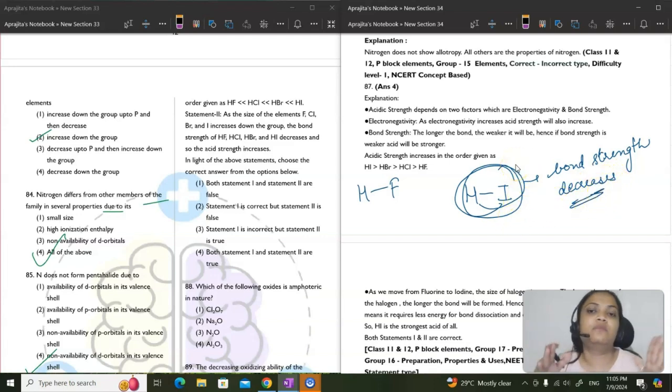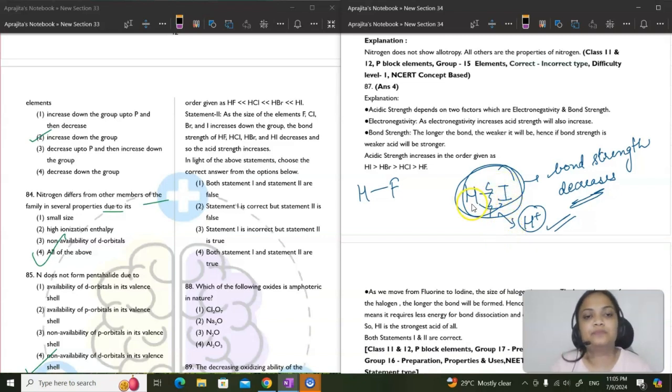Means longer the bond, weaker it would be, means less energy would be required to break that bond. Okay, and if we can break this bond easily, means H plus can be released easily, and if H plus can be released easily, what happens is that it will be more acidic.